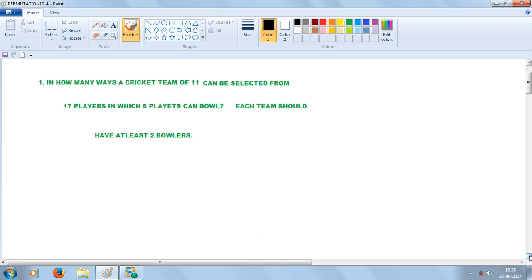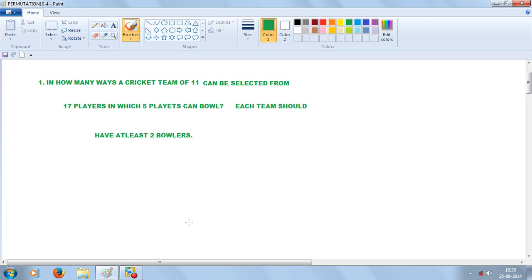So we will see the first part of it. In how many ways can a team of 11 be selected from 17 players, in which 5 players can bowl? Each team should have at least 2 bowlers.